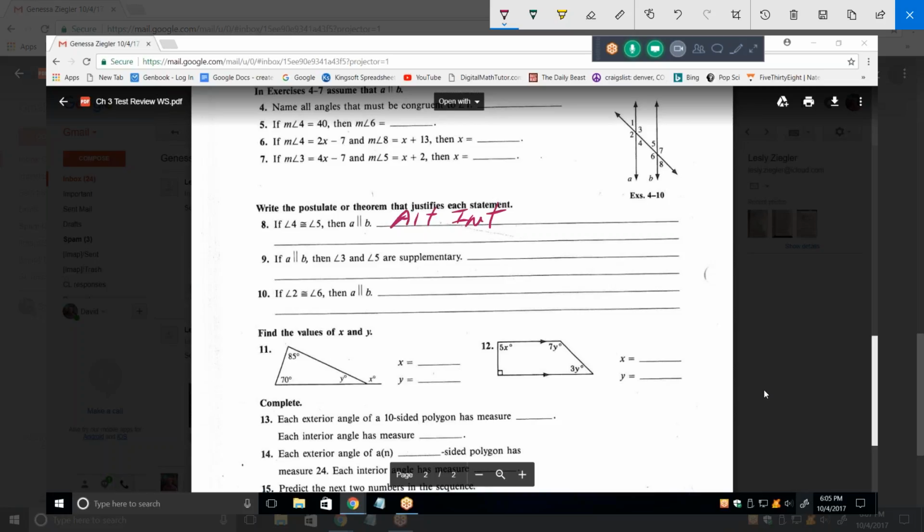What makes angle 3 and 5 supplementary? Is that the 4th one that I named? Remember, you have alternate interior, alternate exterior, corresponding, which means they're in the same position. 3 and 7 are corresponding.